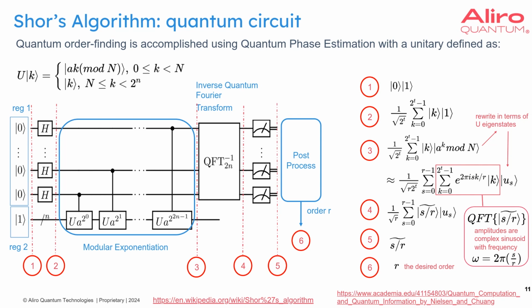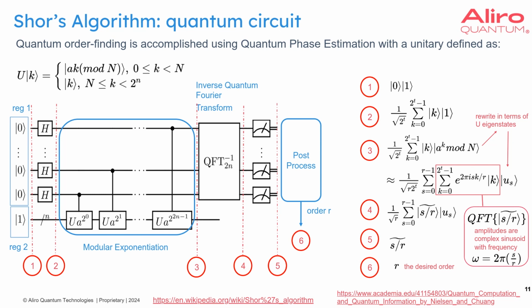So we choose a unitary such that when it operates on the ket vector k, it multiplies this state by the number a mod n over a certain range of k. And so we have a circuit that leverages these unitary operations as controlled through bits in the index register, which is our top register here.